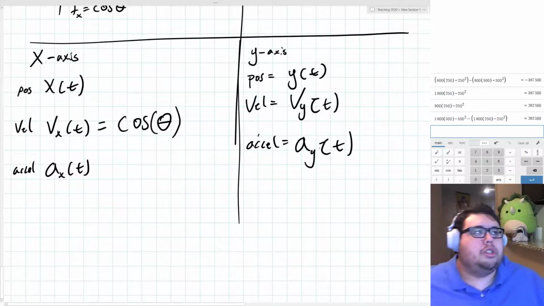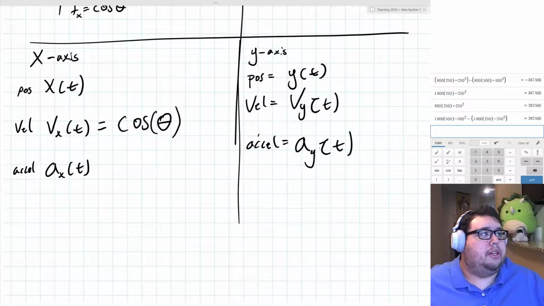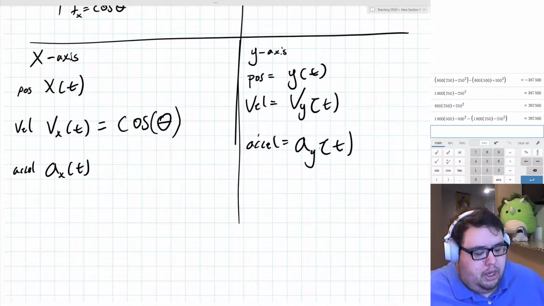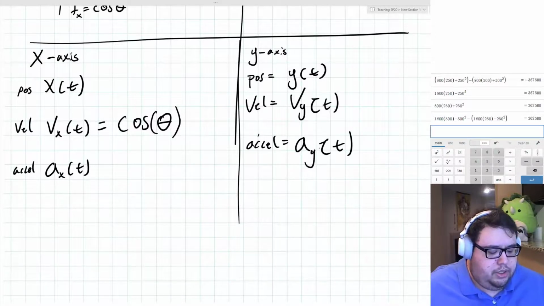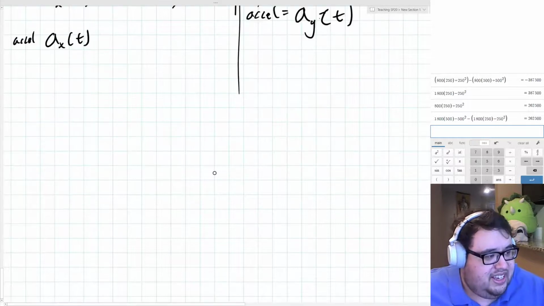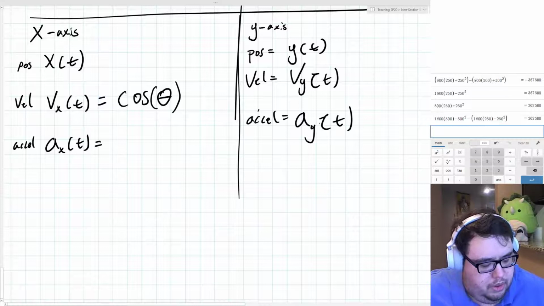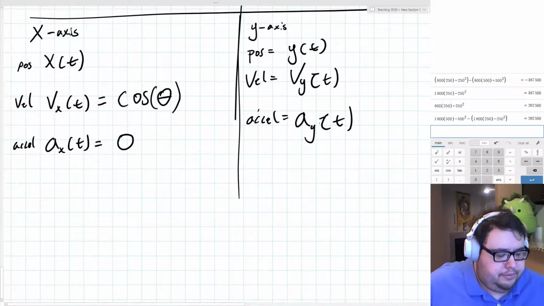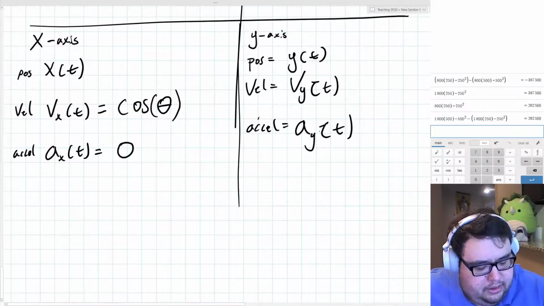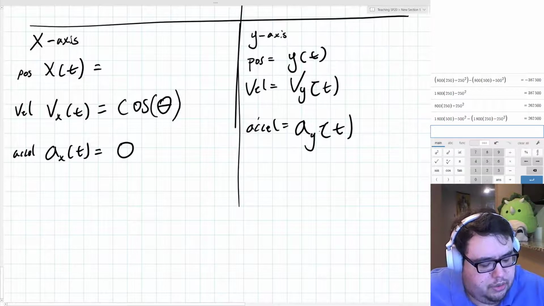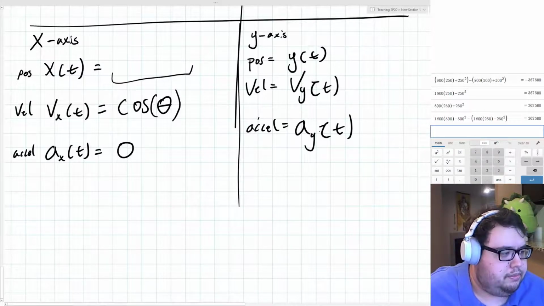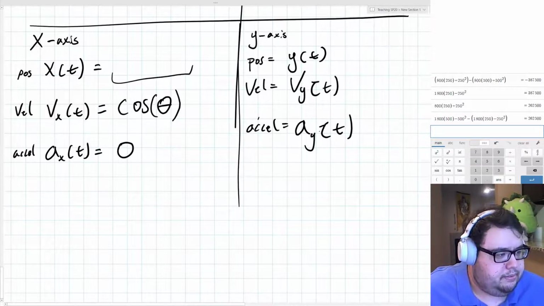There's no force working backwards on us, and there's no force acting forward on us, right? In terms of the x coordinates. So the acceleration will be 0. And the position function we're going to hold on to for a second.